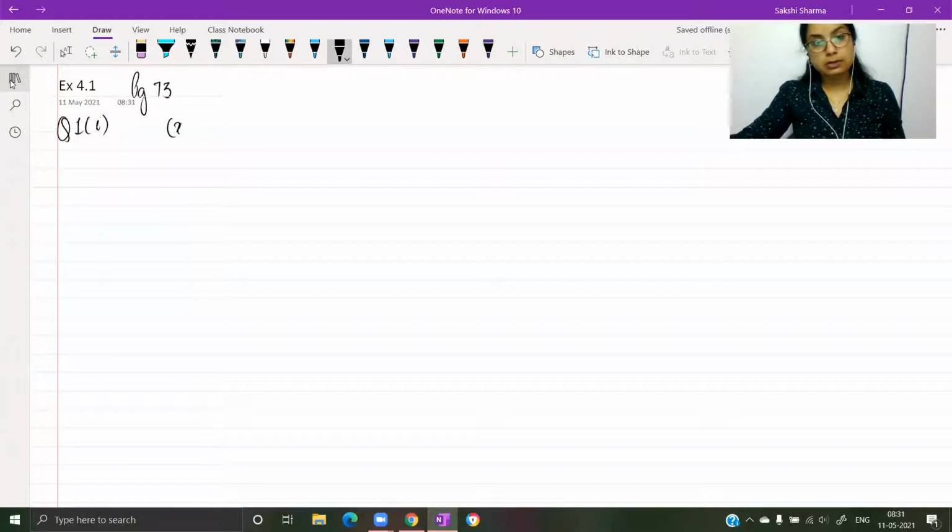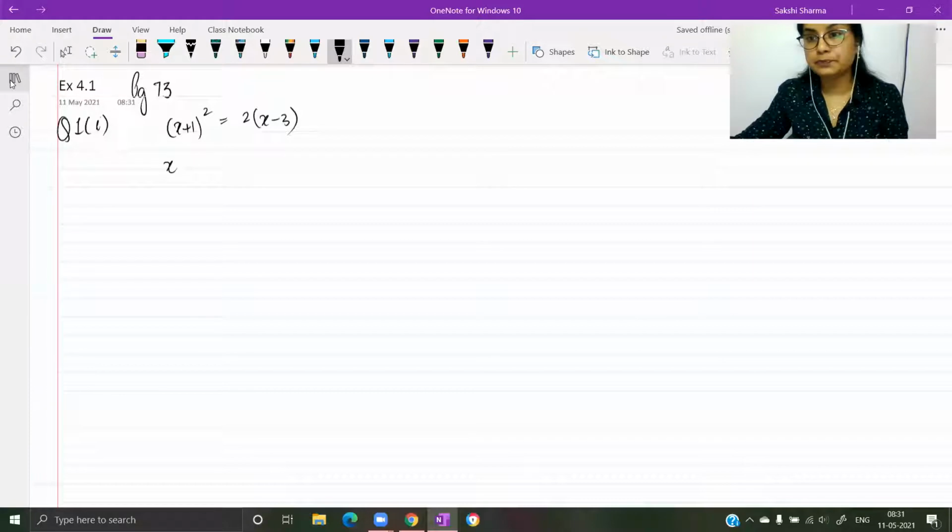First part, x plus 1 whole square equals to 2 times x minus 3. Expand x plus 1 whole square.